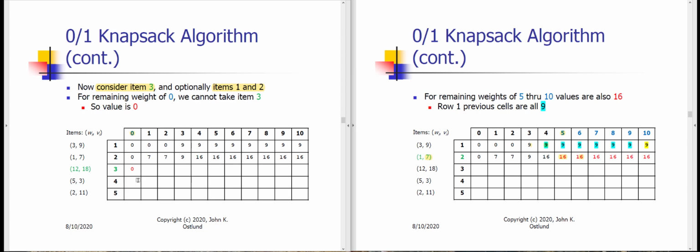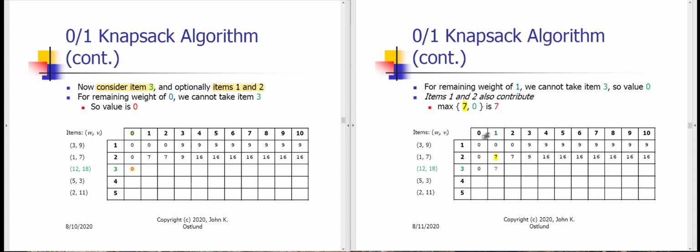Again, starting at the left side of our table, if we have 0 remaining units of weight available in our knapsack, then we're not going to be able to store any of unit 3, regardless of its weight, and so we start with a 0 again in that column.